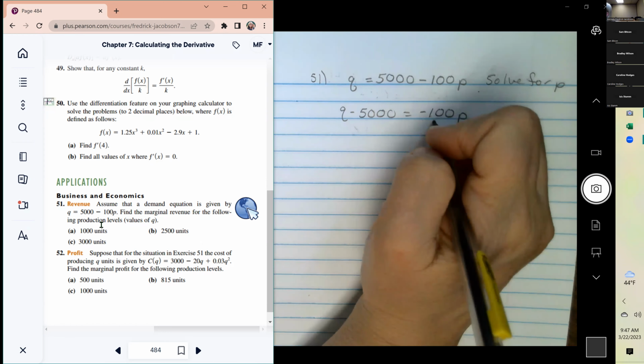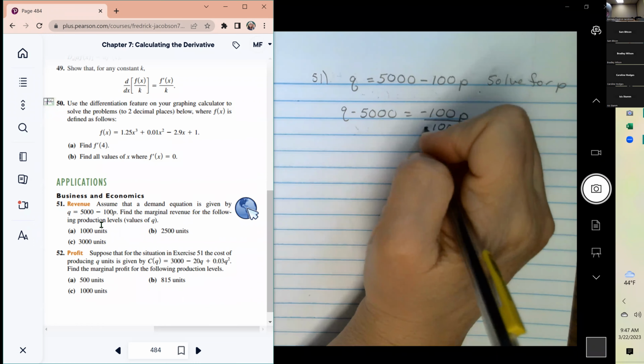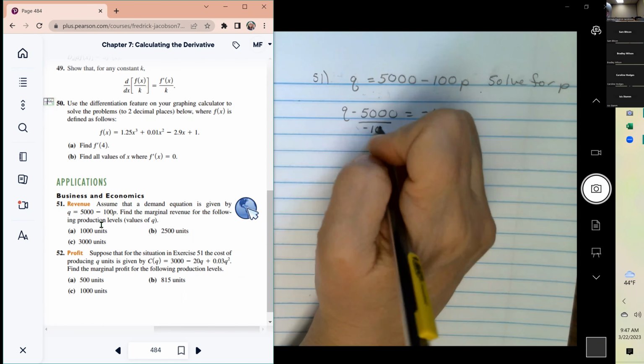And then divide by 100. And we'll get rid of the negative at the same time, so a negative 100.